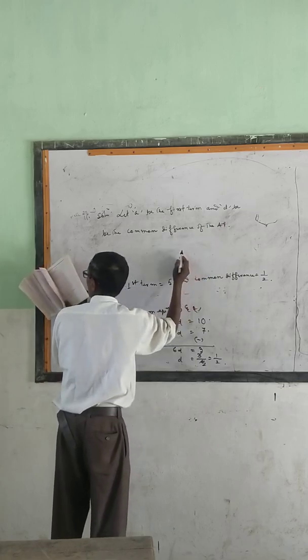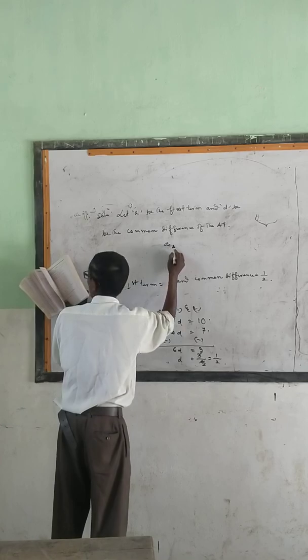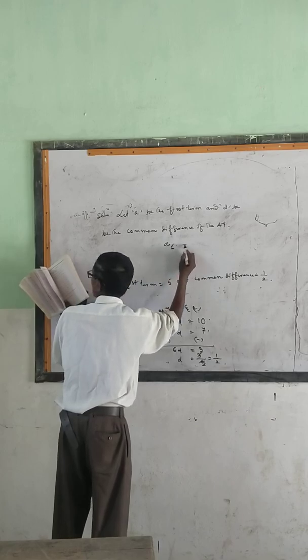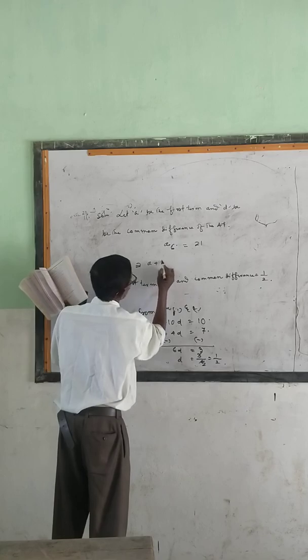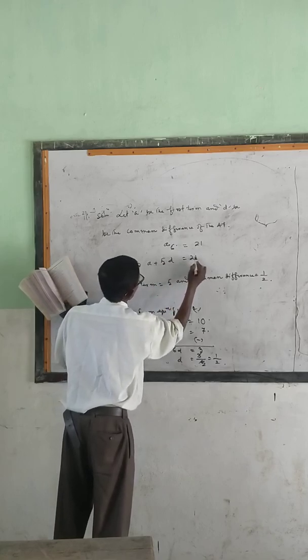What does the question say? A6 is how much? 21. That implies A plus 5D equals 21. Equation number 1.